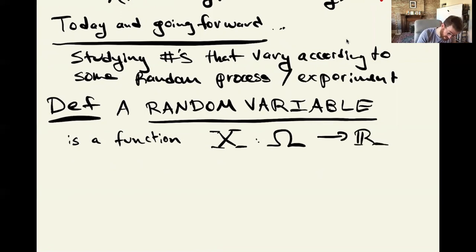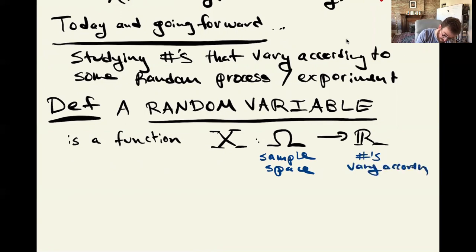So again, this is our sample space. And these are going to be the numbers that vary according to what outcome we're looking at in omega.